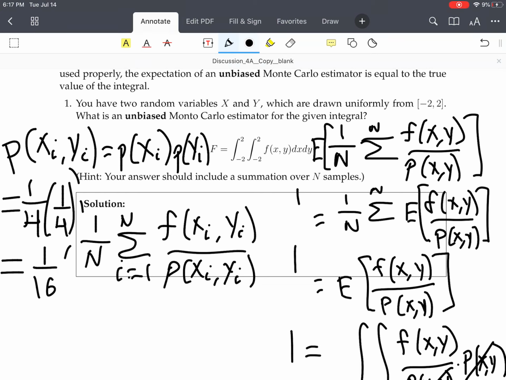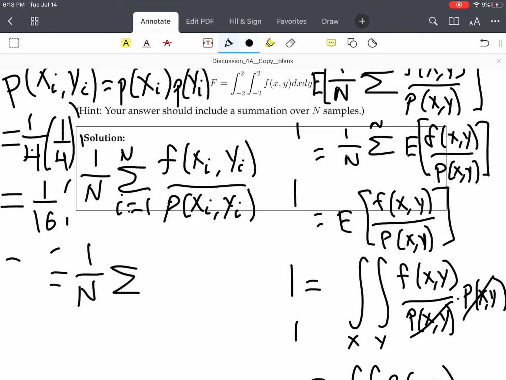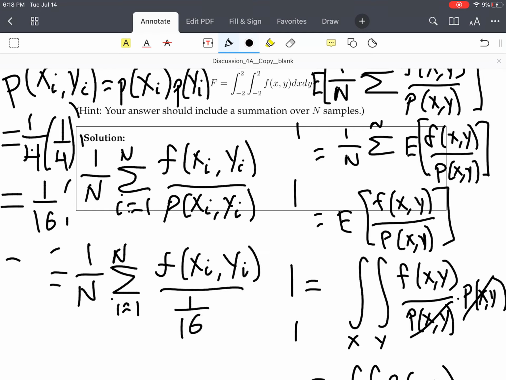I'm sorry, I'm doing this in such a messy way. But now we have a numerical value for p of xi, yi. And so we can come back here. We get 1 over n times the same summation, i goes from 1 to n, of f of xi, yi over 1 over 16, right?